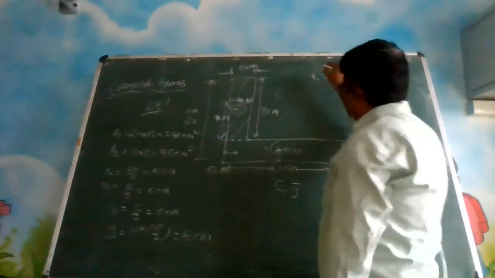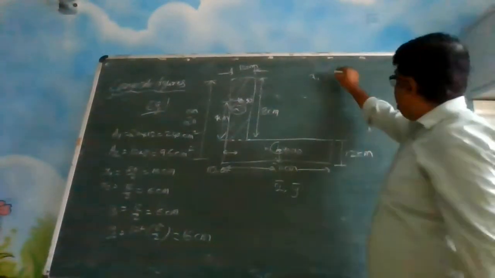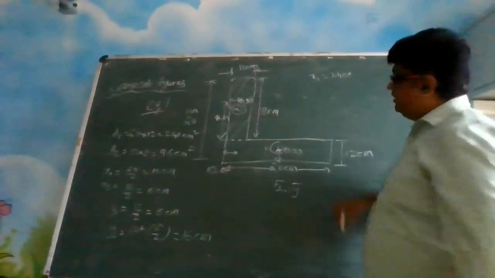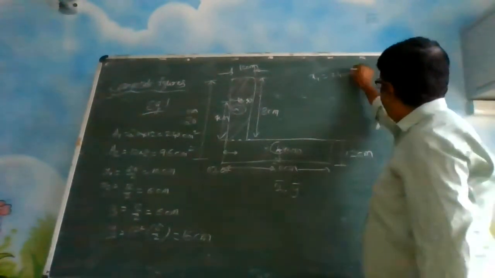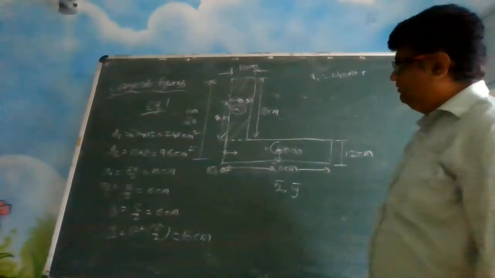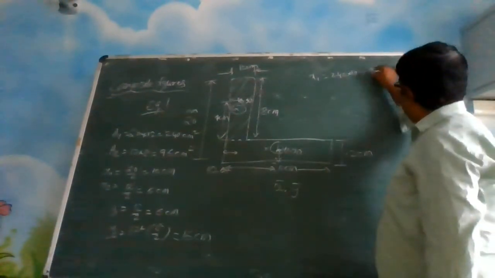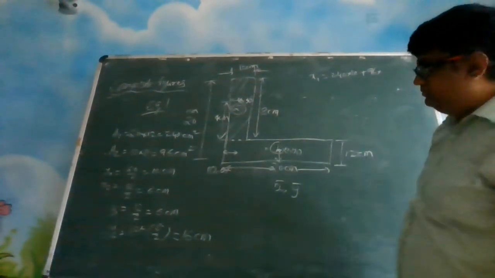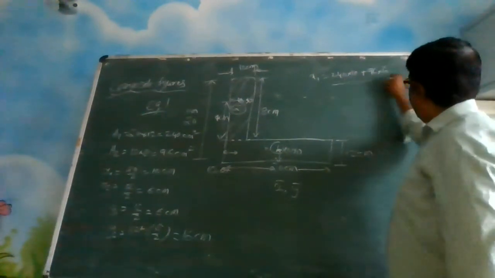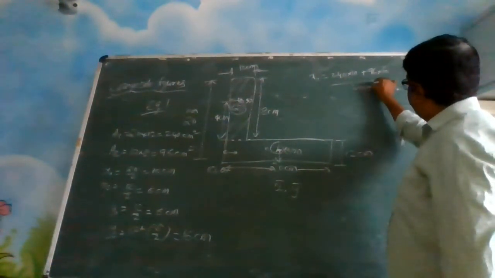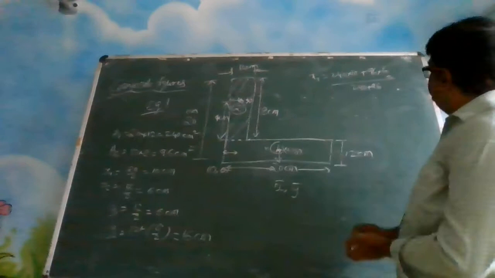So, we will find out x1 now. And putting a1 x1. a1 is 240. 240 into x1, 10 plus 96 into x2, 6 divided by 240 plus 96. Let us calculate this.